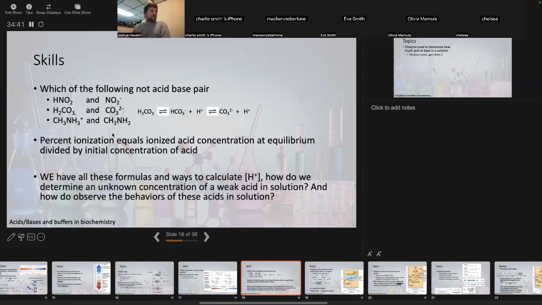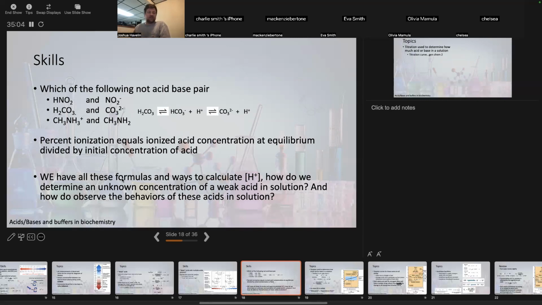I won't be asking any questions about percent ionization, but if you see this somewhere, like on the MCAT, percent ionization just equals the ionized acid concentration at equilibrium divided by the initial concentration of the acid. This is just setting up our next slide.